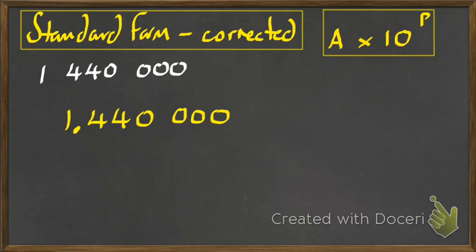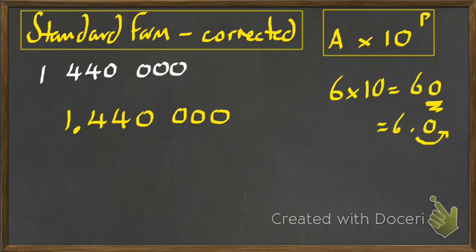Now I have to ask myself the question, if I had this number here, what would I need to multiply it by to get that number there? And I'm saying multiply because I know, going back to the previous example, that 6 times 10 gives me 60. It adds a naught on. Well, the better way of looking at it is that it takes 6 decimal 0 and moves the decimal place 1 right to give me the bigger number.